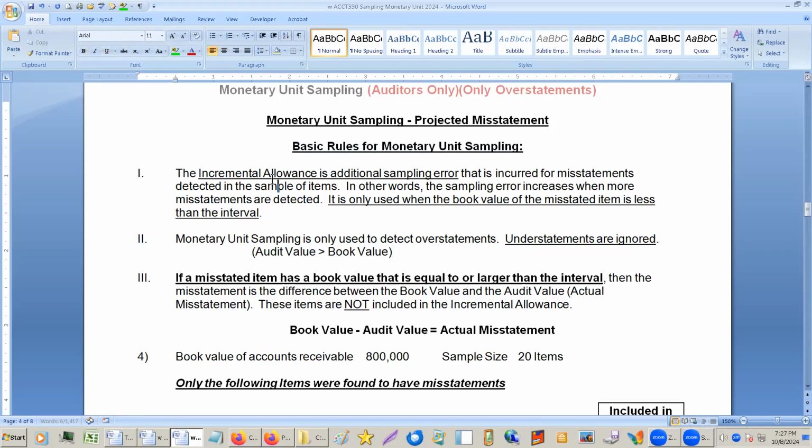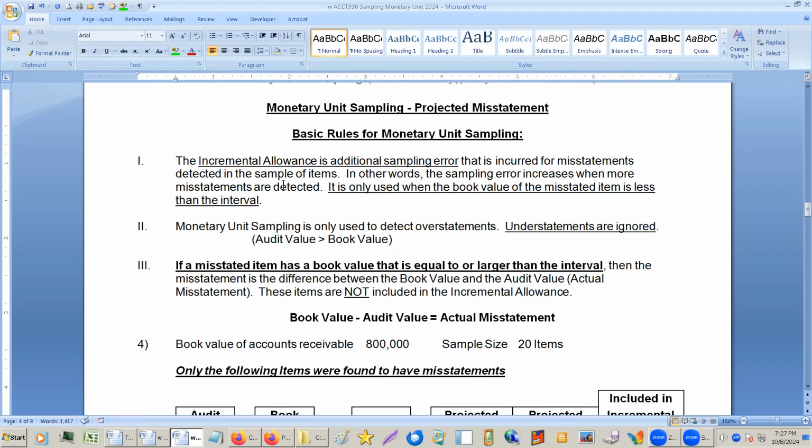Incremental allowance is additional sampling error that has occurred for misstatements detected through the sample volume. Okay, so incremental allowance. It basically means this: if you do find errors, that means that more errors are likely, right? If you don't find any errors, then errors occurring are unlikely. But if you find an error, it opens up the possibility that there could be more of them.